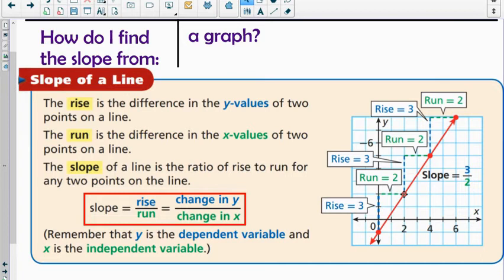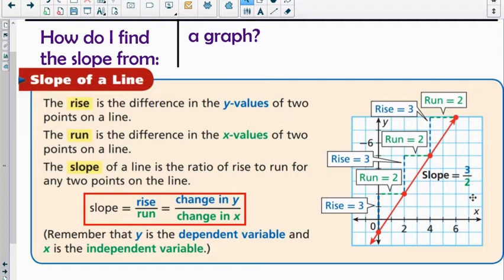Since there's 2 spaces, 2 squares, so 1, 2, my run is 2. If slope is the rise over the run as a ratio or a fraction, we can write it as a rise of 3 over a run of 2. In other words, the fraction 3/2.